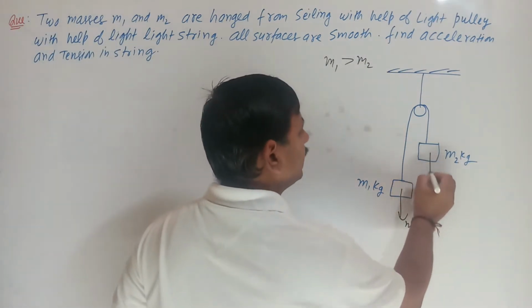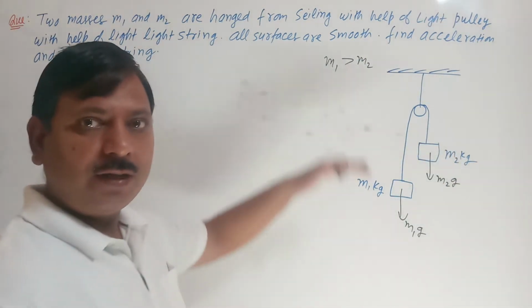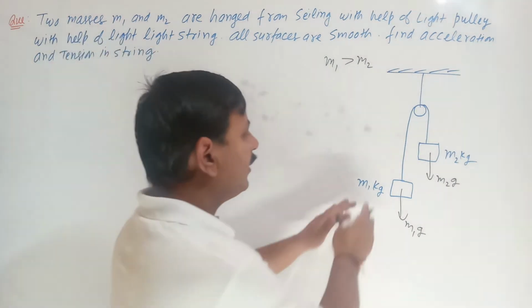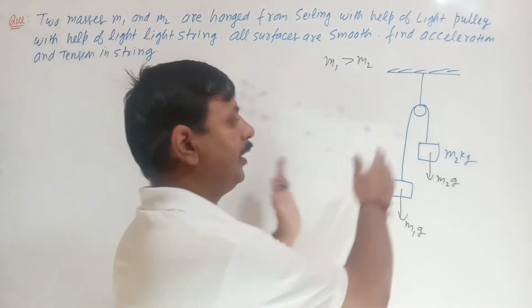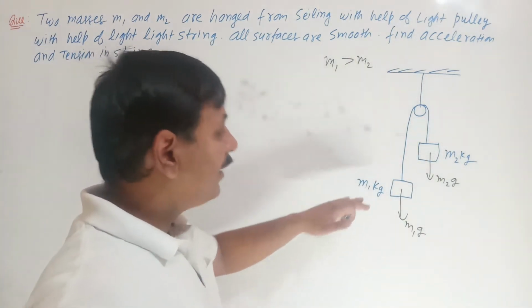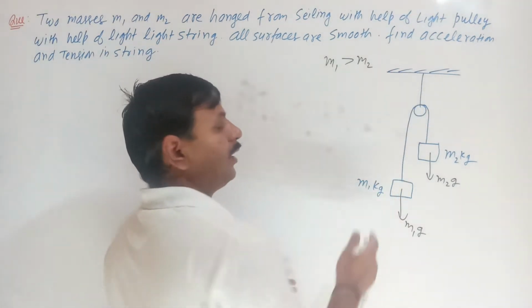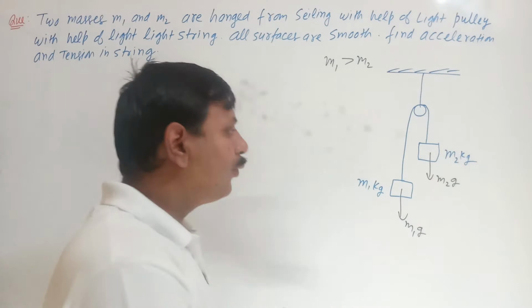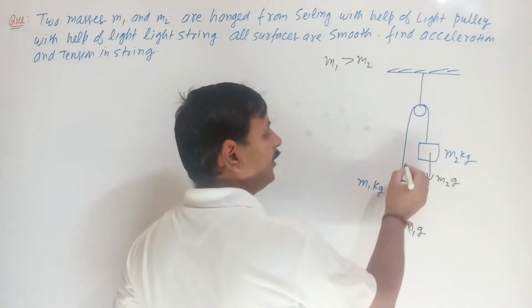M2 has weight M2g, which acts vertically downward. When M1 is greater than M2, the net force is unbalanced. That's why M1 has a tendency to move downward. But due to the string, if it wants to go downwards, tension will be produced at this end.